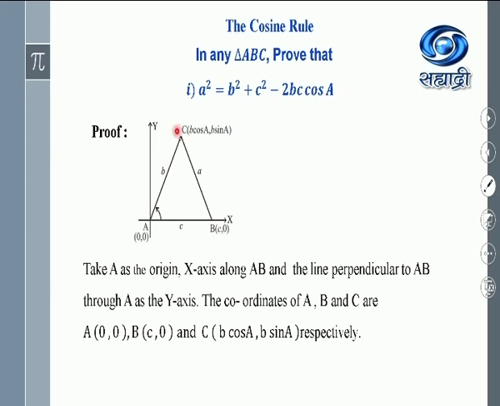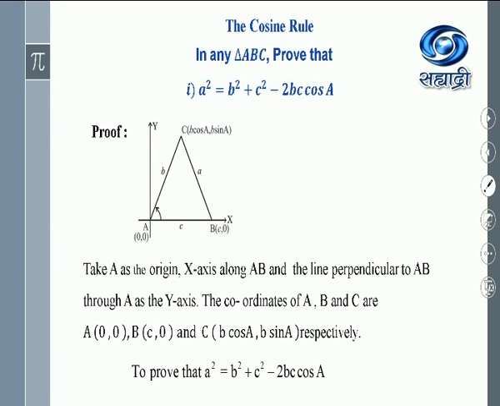So here this AC is having the length B and AC makes an angle A with the positive direction of the x-axis. Therefore, with the definition we can write the coordinates of C as (b cos A, b sin A). Okay, this is a very important step.